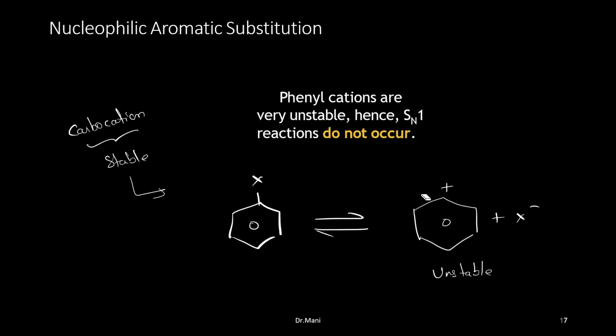That's why replacement of the nucleophile is very hard for aromatic compounds. Understood? Whenever this intermediate or carbocation is formed, it should be stable enough, then only the reaction will move forward. Otherwise, this reaction will not move forward. Is this understood? So how is nucleophilic aromatic substitution related to the unstable carbocation?